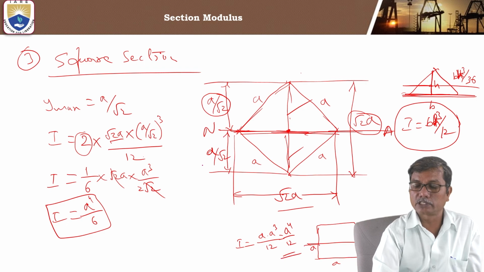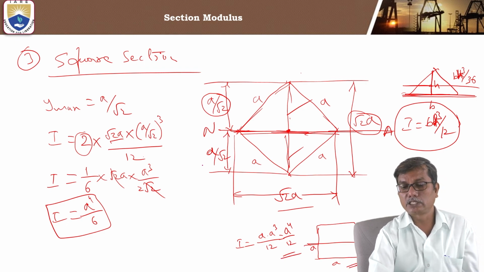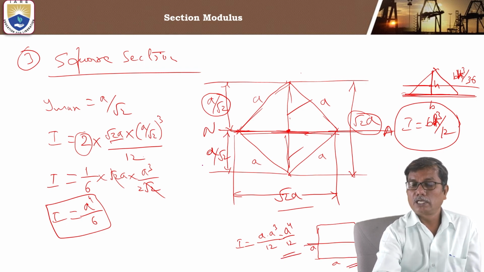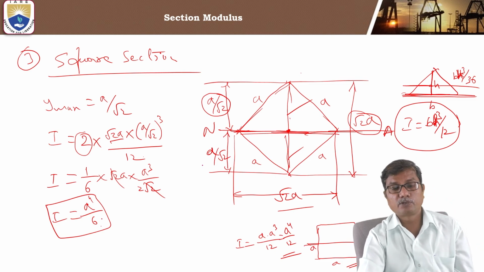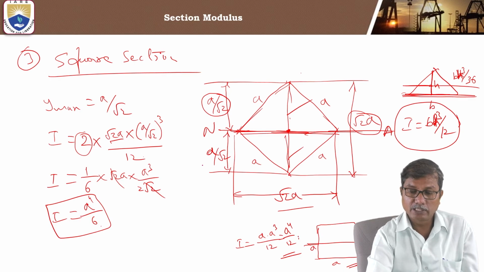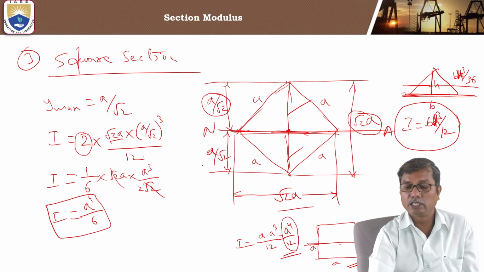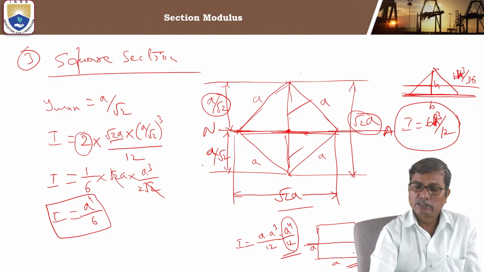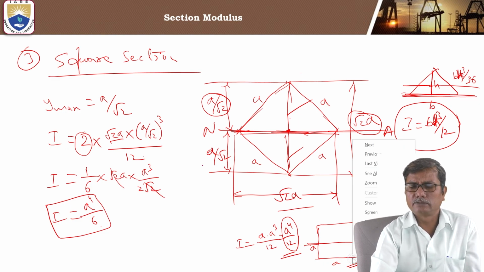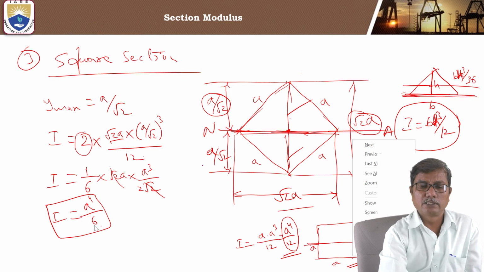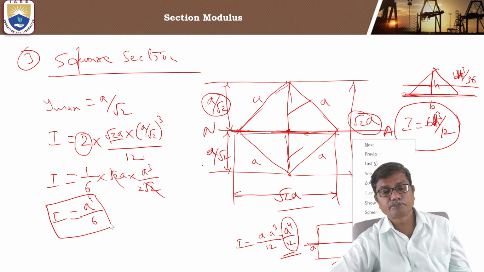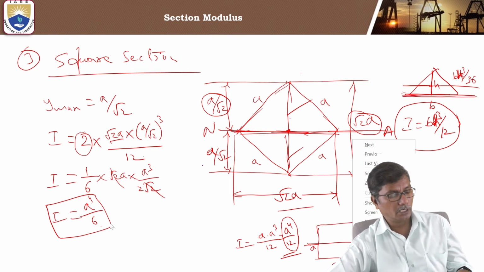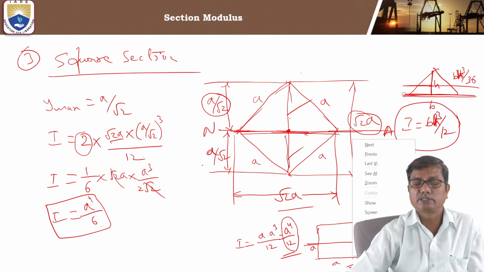With one of the diagonals horizontal, the moment of inertia is a power 4 by 6.